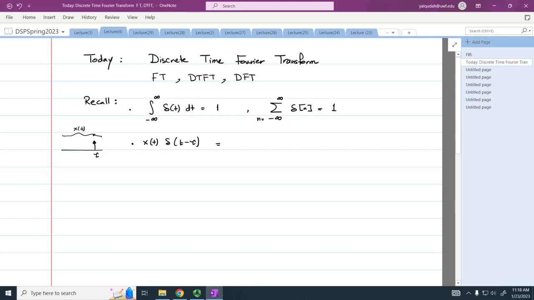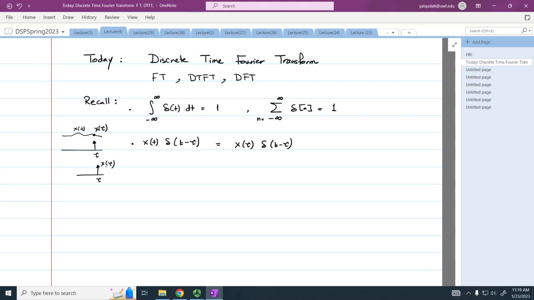So this x of tau here is going to get multiplied by that impulse, so it's going to scale that impulse. I'm going to get x of tau delta of t minus tau. So the result of this multiplication is just this impulse scaled by x of tau. Everybody convinced?